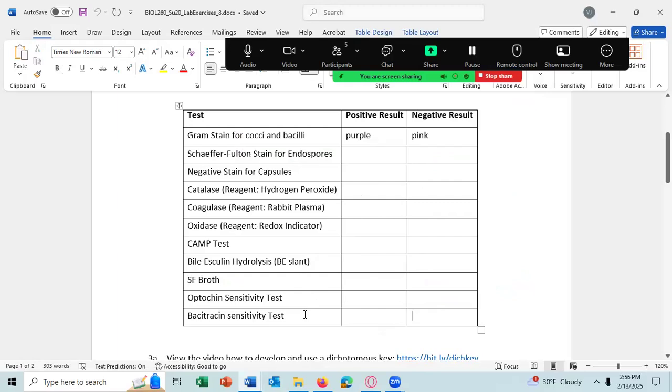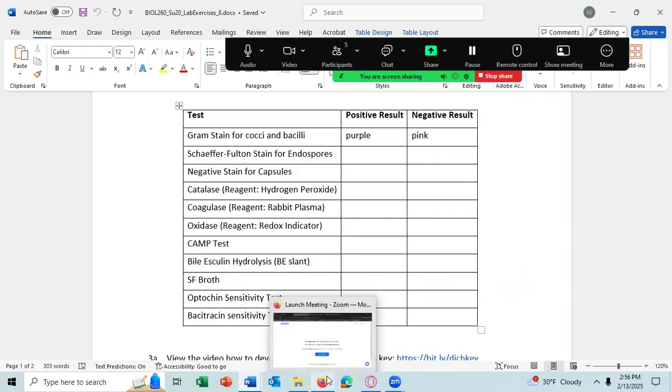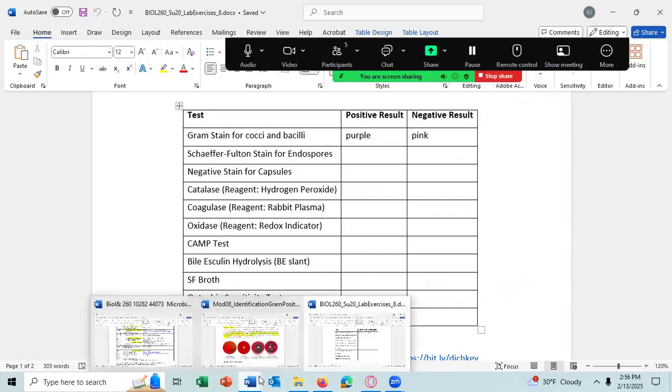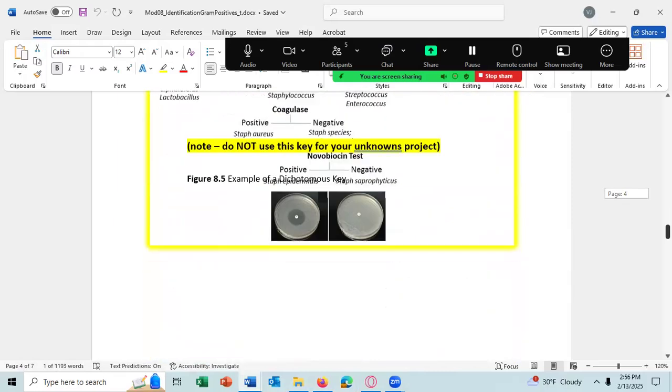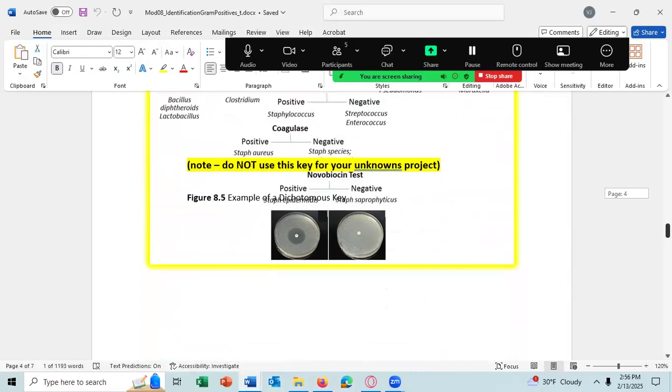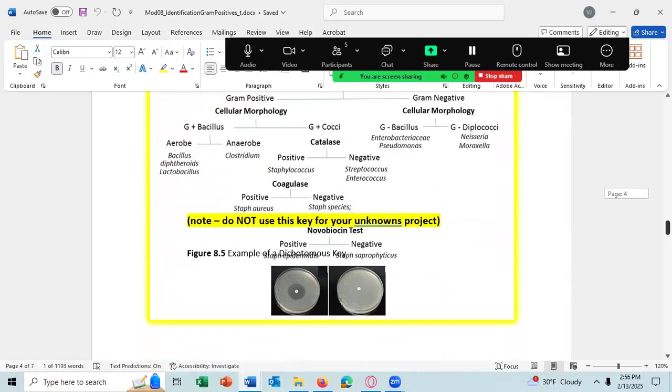For the bacitracin sensitivity result, I don't think that one is given in this lab module. Let me look at that. It's not given in this lab module.